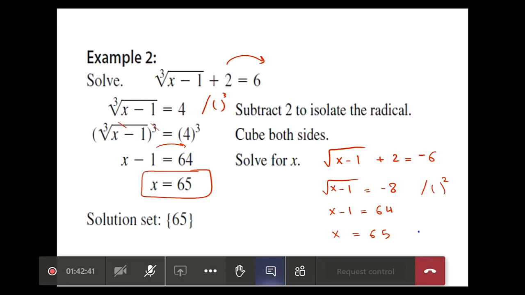Okay, Abdullah says yes, this is correct. Now substitute x equal 65.